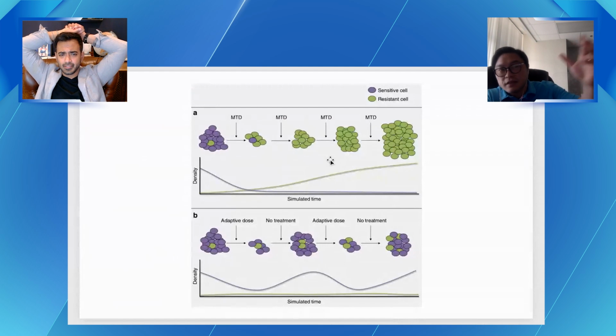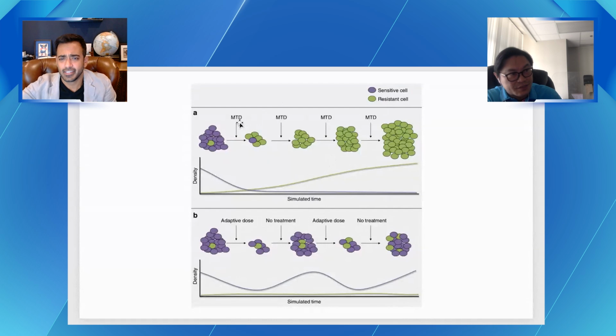When you have a chronic infection, do you just give maximum antibiotics forever? Hell no, because you're going to get resistance. That's the same thing we're doing here, because cancers and infections are very similar. They're both single-celled organisms. If you just keep giving maximum dose, it's going to stop working extremely quickly.